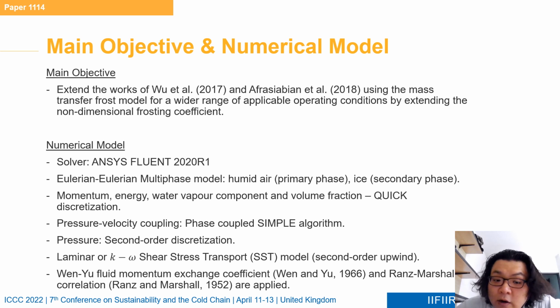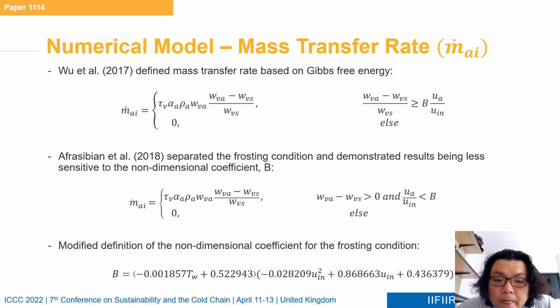The pressure was discretized by the second order discretization, and depending on the velocity of the cases, laminar or k-omega SST model was used. For the interface heat transfer and momentum exchange, the fluid momentum exchange coefficient and Ranz-Marshall's interface heat transfer coefficient were applied.